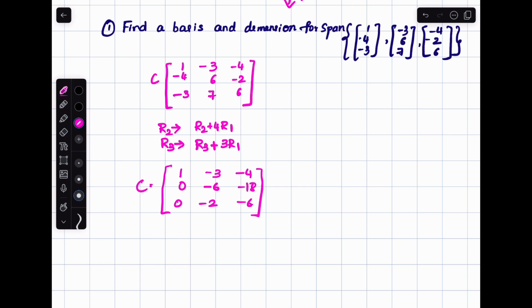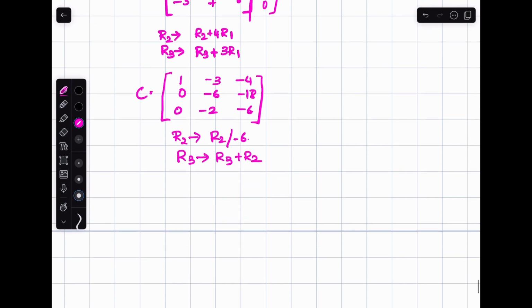Basically you can represent it as an augmented matrix in the Ax = 0 form, or you can write it directly because they are given vectors. There are no x1 and x2, so that's why I'm taking only the matrix. Let's change row 2 to row 2 divided by -6, and row 3 to row 3 plus row 2.